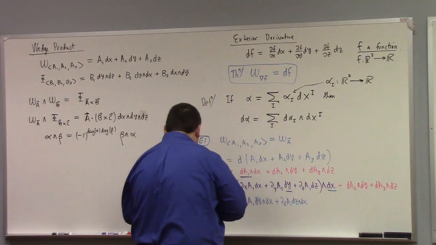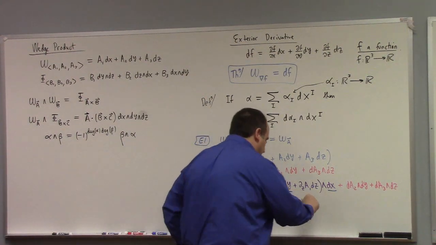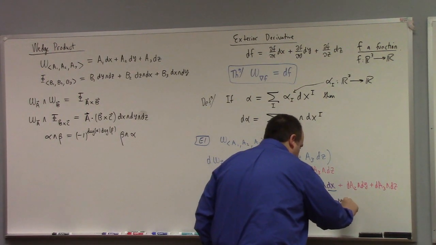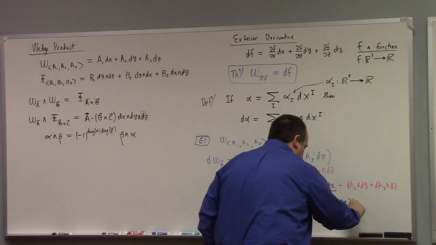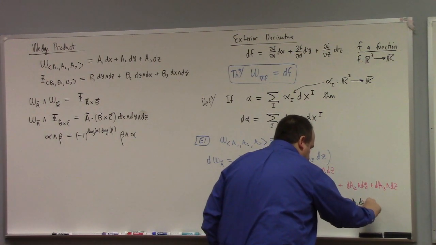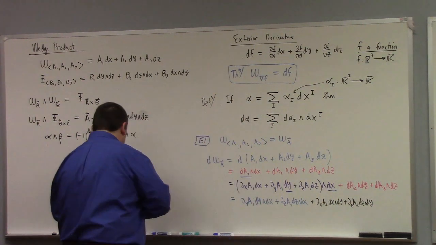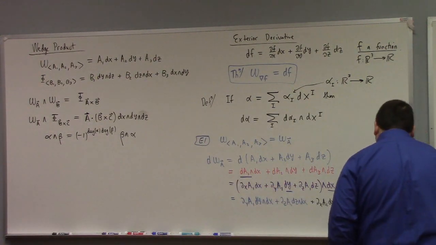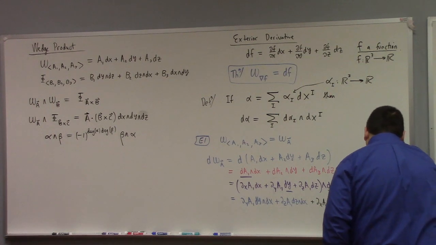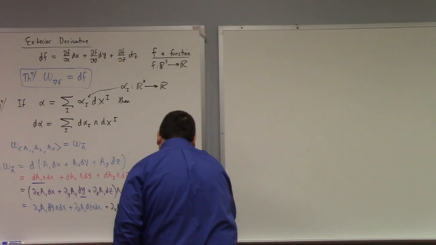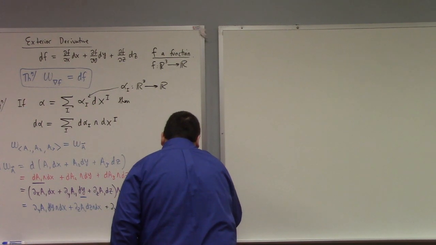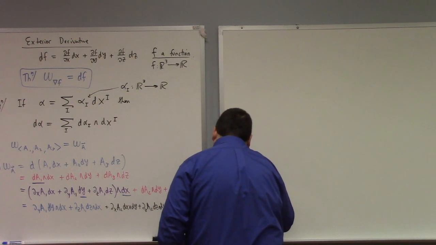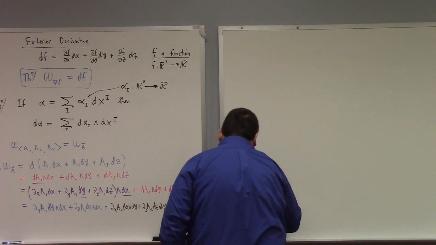And then going on here, the next term we get plus partial x a2 dx wedge dy plus partial z a2 dz wedge dy plus, I guess I can fit one more into this board here, partial x a3 dx wedge dz plus partial y a3 dy wedge dz.